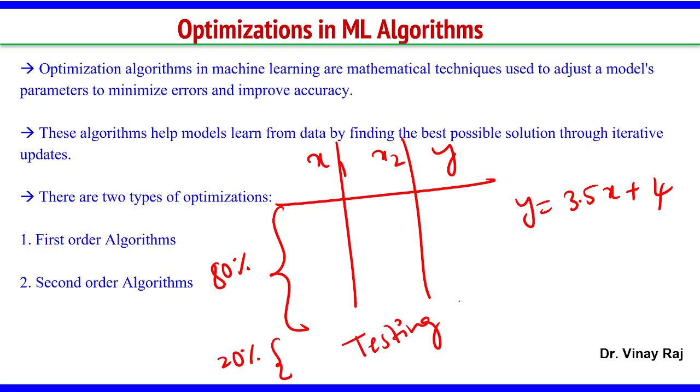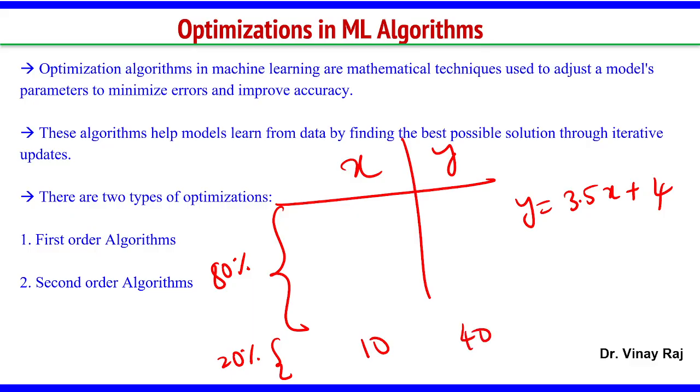While testing, I know the values. Let us say there is only one x here, and x is 10. The actual value is maybe 40. But when I substitute this value here, what am I getting? 3.5 into 10 plus 4, so this is 35 plus 4.